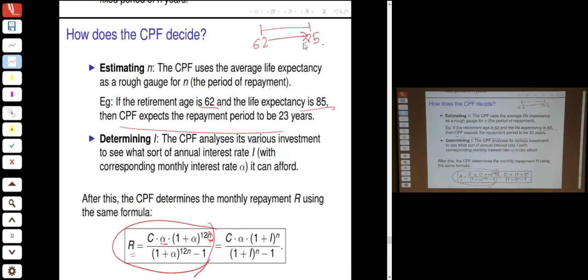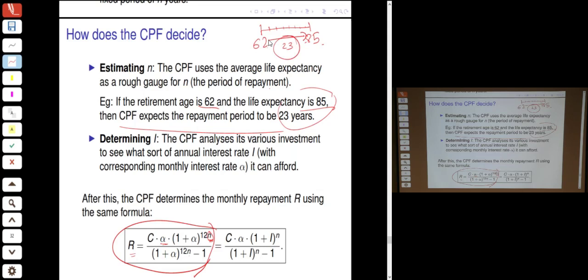So the CPF needs to pay you monthly in order to pay off your invested money every month for these 23 years between 62 and 85, right? So the CPF uses 23 in this case as an estimate of N, which is the number of years it needs to pay. Okay?